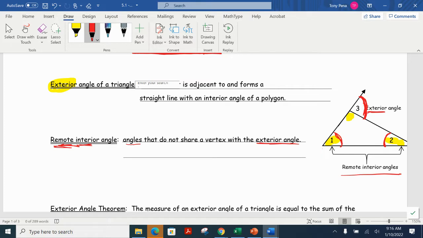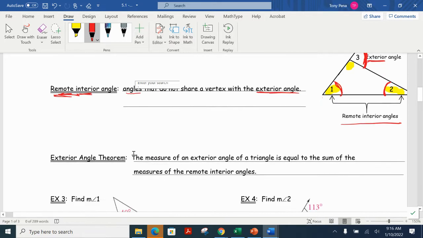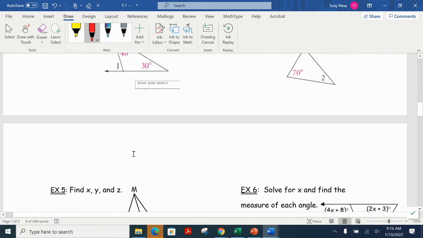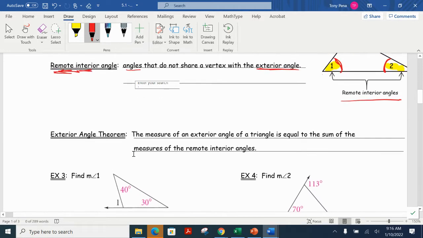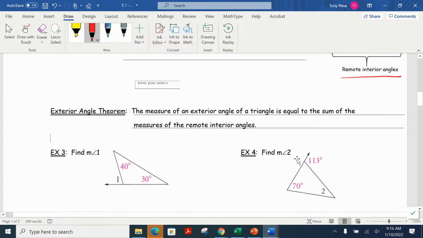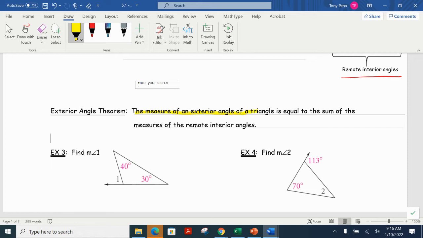All right, so again, a lot of little definitions here. We want to stay on top of it. Last one for today, I think this is the last one, on the bottom, and then we'll do some problems on the next page. There's a formula for this. The exterior angle theorem says the measure of the exterior angle of a triangle. In this case, this is angle number 1. Notice how this is outside of the triangle.